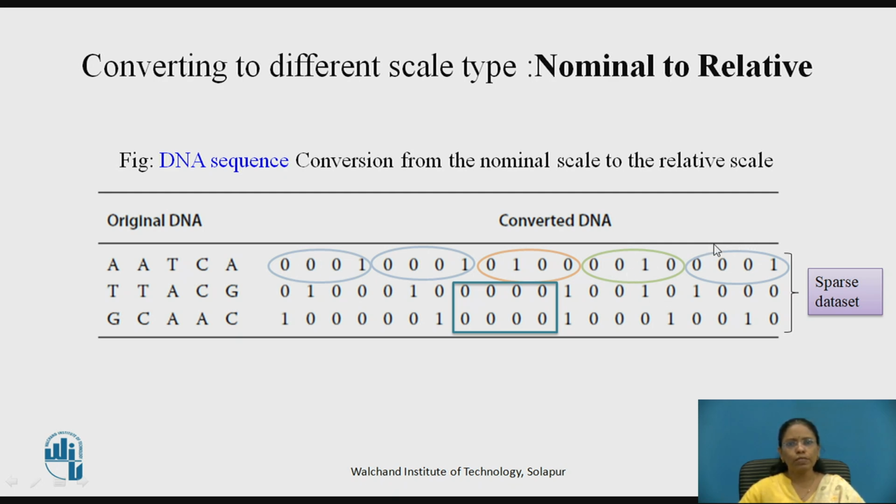Once the DNA sequence is represented like this, if I go on writing the number of possibilities like TTA, CG and others, I can find that the number of zeros is increasing. If this length increases, the number of zeros still goes on increasing, and this type of data is called a sparse data set.